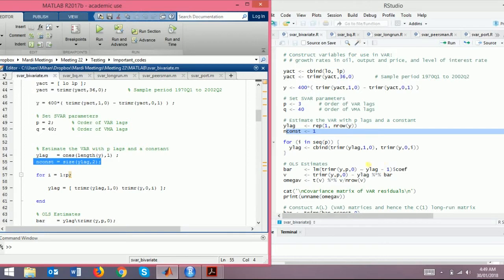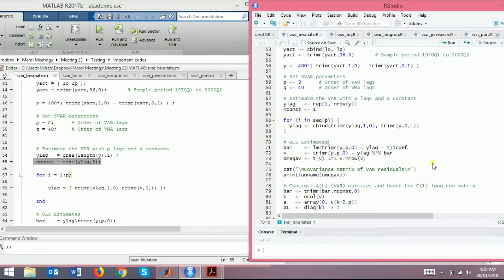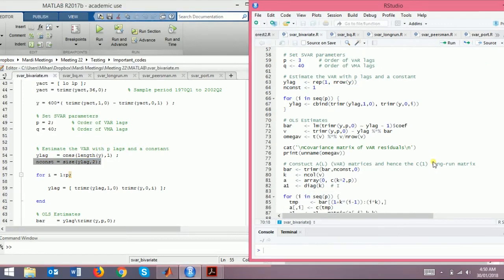So from the total ylag we are removing the first one, and up to I is from the last one. And then our beta is x regressed on y.